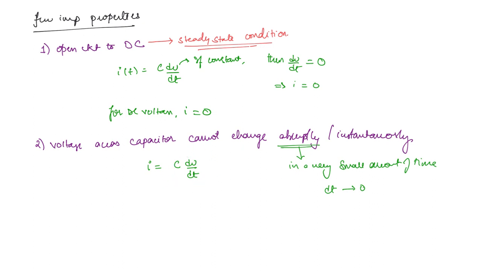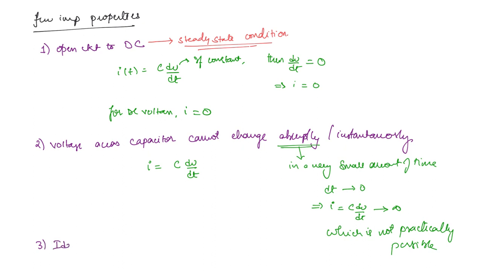So when dt tends to 0, then I is equal to C dV by dt will tend to infinity, and this is not practically possible. So this is the reason voltage across capacitor cannot change abruptly. Okay, so this is one important property.